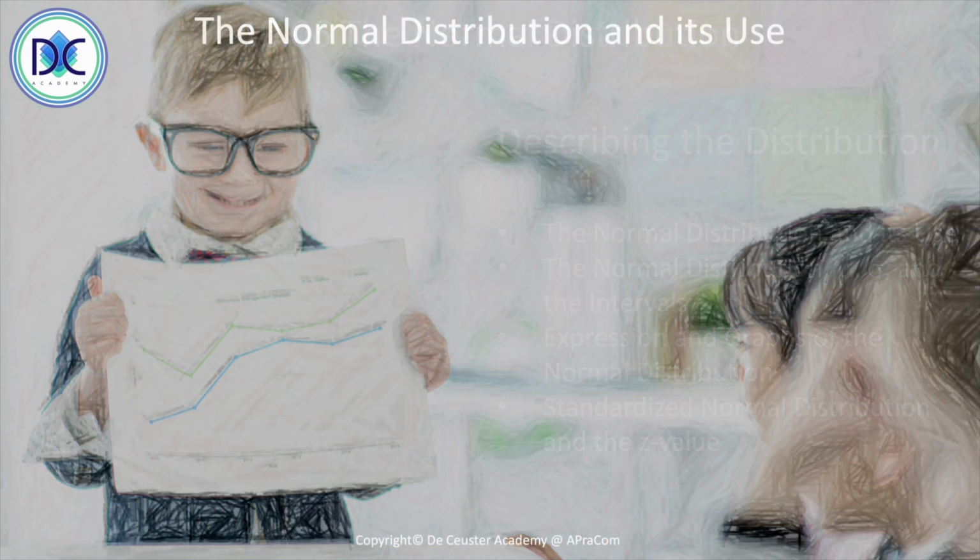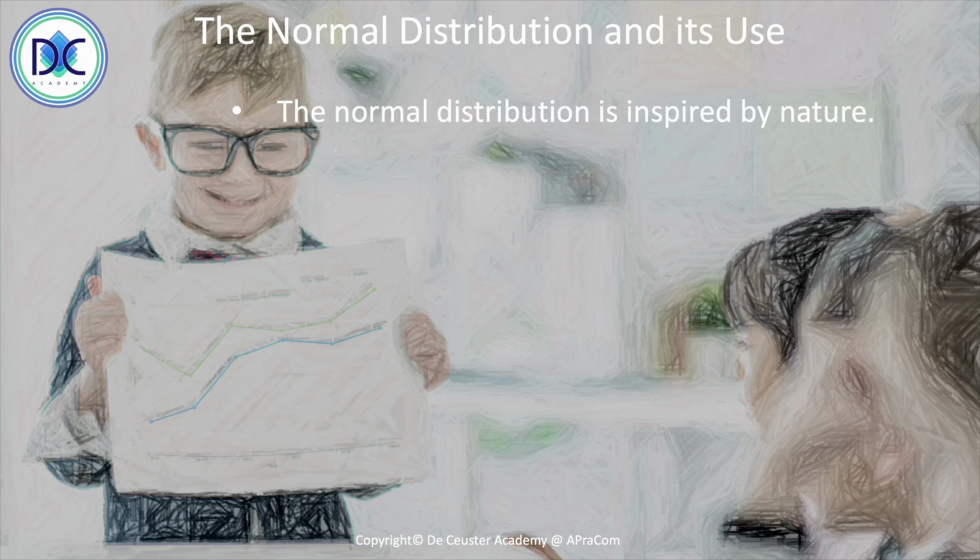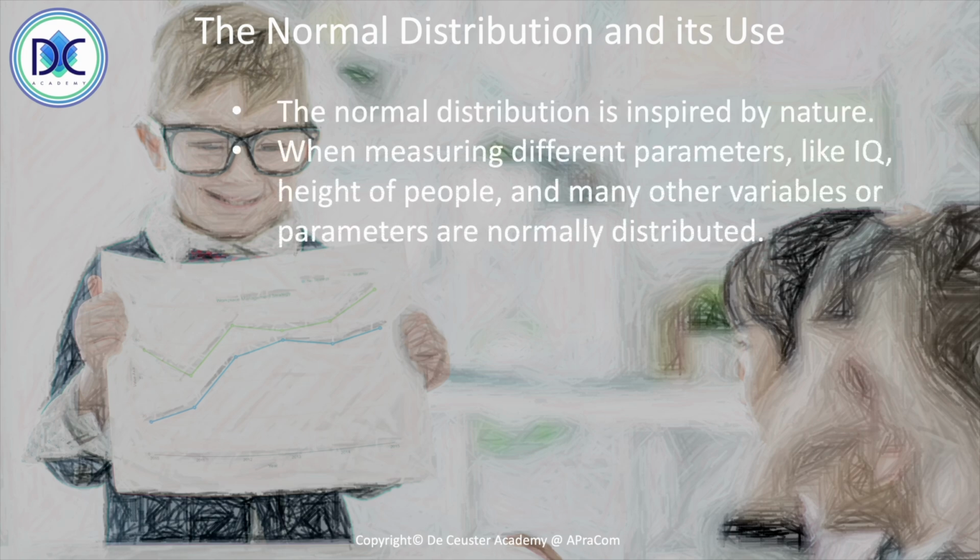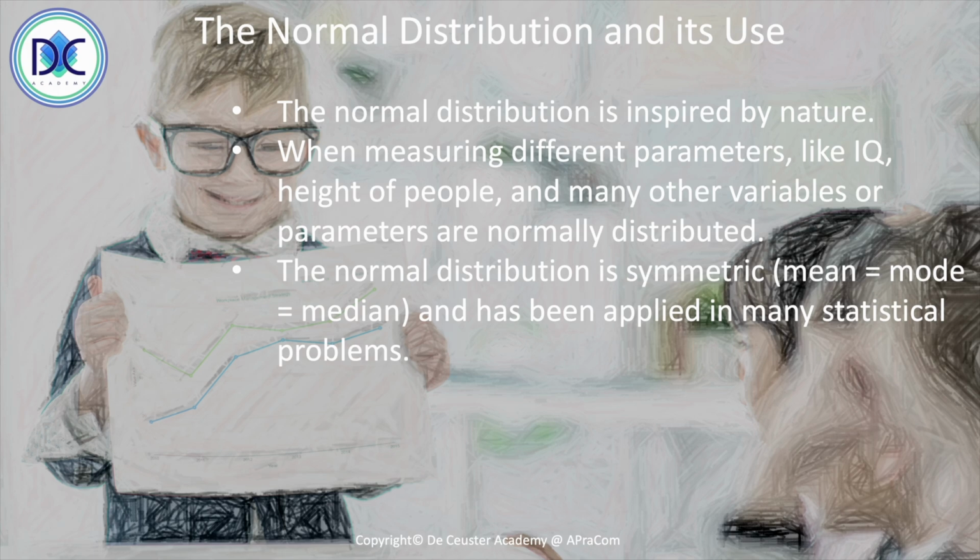First of all, I want to share something about the normal distribution and its use. The normal distribution is basically inspired by nature. When we measure different parameters, let's talk about intelligence quotient, the height of people, many other variables or parameters, we found out, or people found out, that they are normally distributed.